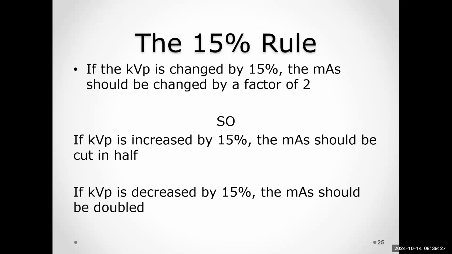If your kVp is decreased by 15%, then you're going to double your mAs. That's not hard math. It's pretty easy math. When you change kVp by 15%, your mAs is going to change by a factor of 2. So it's going to depend on if you increase or decrease your kVp. Your mAs is then either going to double or be cut in half.